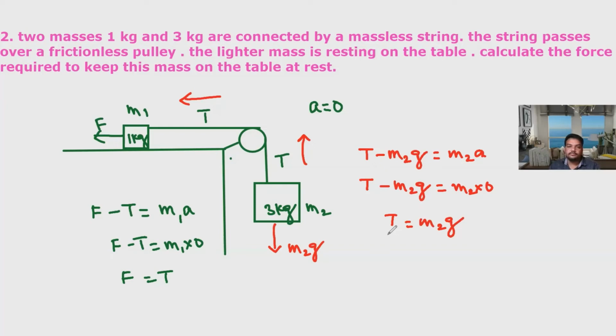Then substitute the values of M2 and g. T equal to M2 is 3 kg into g is nearly equal to 10, T equal to 30 Newton.